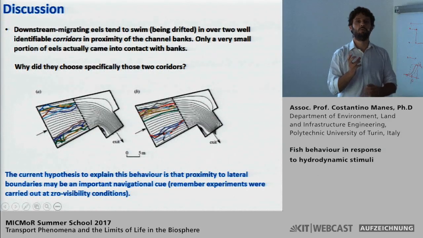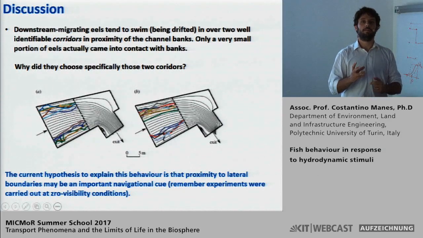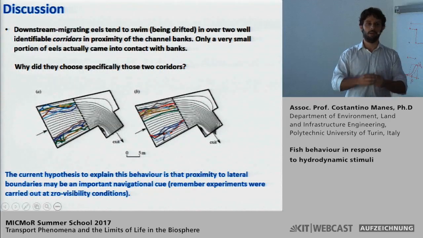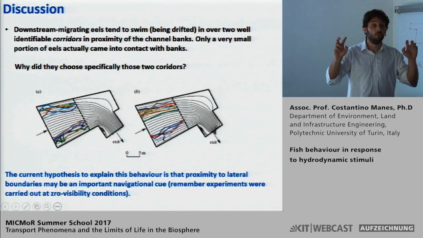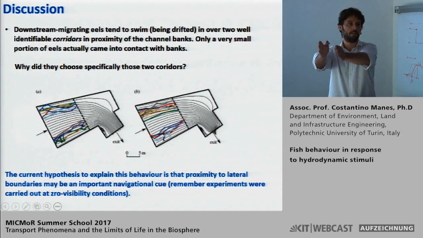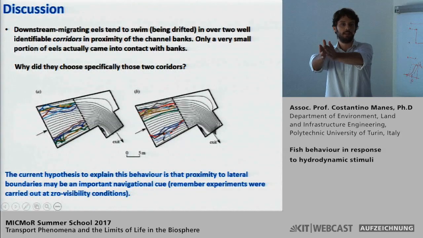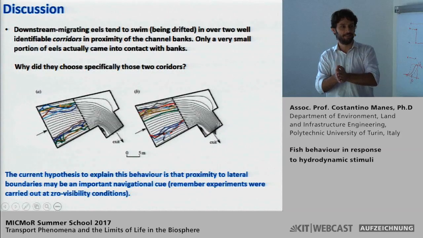If I manage to reproduce that artificially by putting stripes of roughness, for example, in proximity of the dam, perhaps I can fool the eels and guide them towards a safe passage, creating artificial secondary currents.